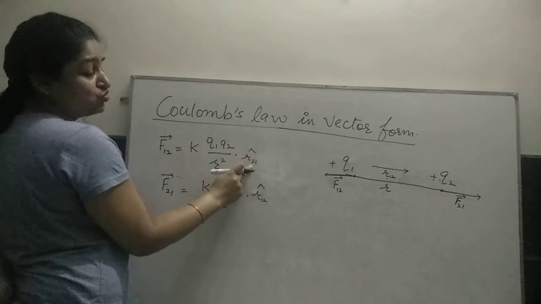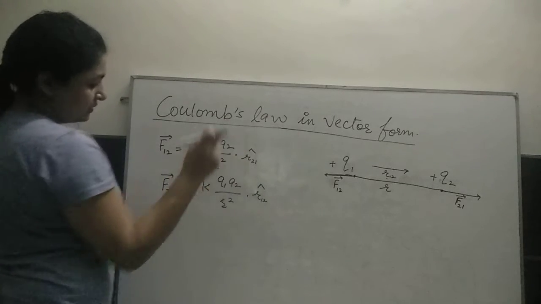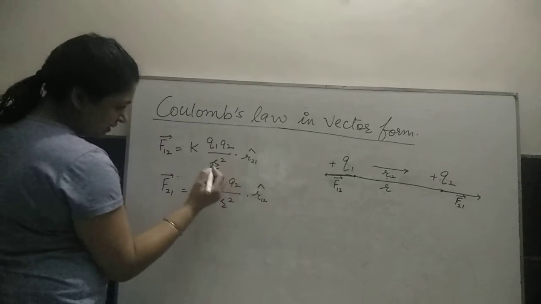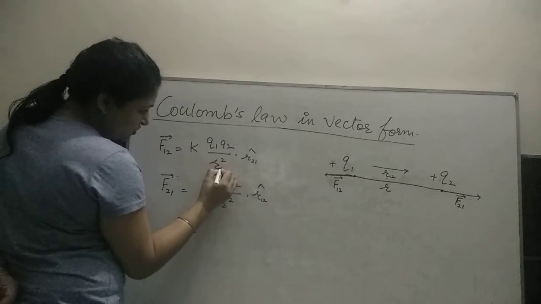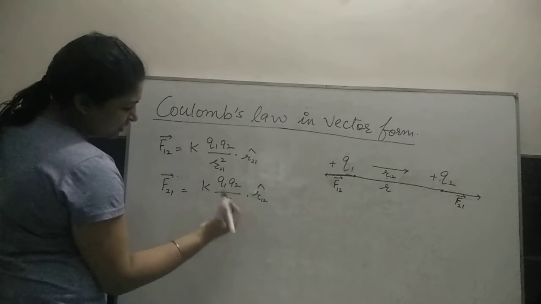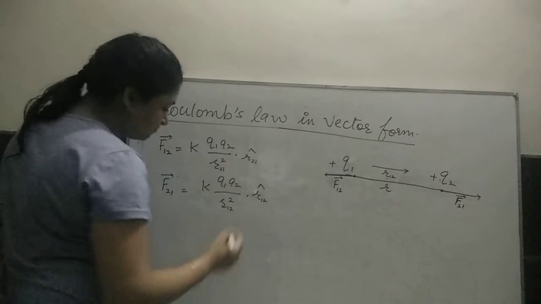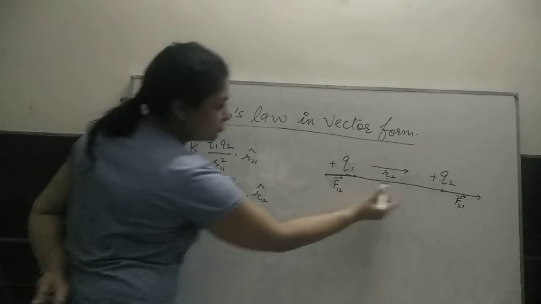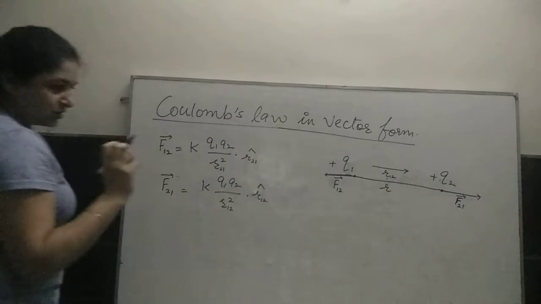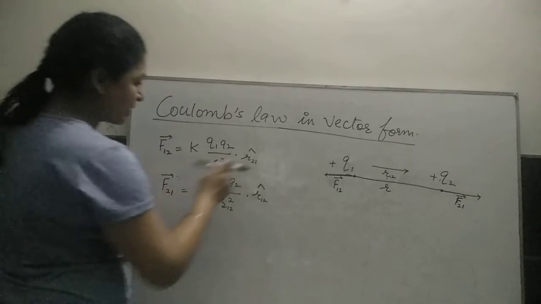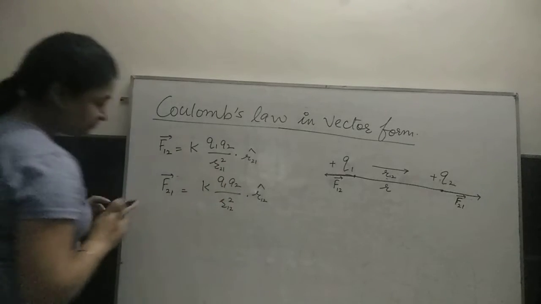That is why I have written 2, 1 here. And for convenience, if I am using the same symbol here also, I can use 2, 1 here, and I can use 1, 2 here. This is only magnitude, it is not going to be affected. I'm just putting this as a distance, taking from 1 to 2 or 2 to 1. Otherwise, it's simply magnitude. Just to write in vector form, I am using these words here.